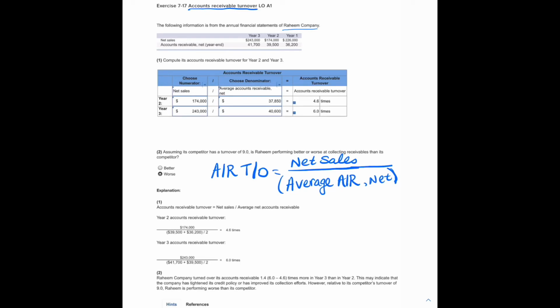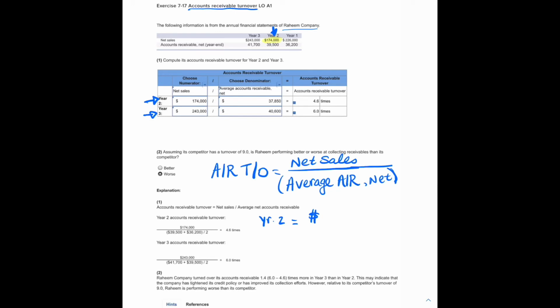So what they want is they want me to calculate accounts receivable turnover for year 2 and accounts receivable turnover for year 3. So we'll first handle the year 2 calculation. And in this case, I will take net sales, which if we look for year 2, my net sales figure is in this column right here with the arrow, and it is located right here.